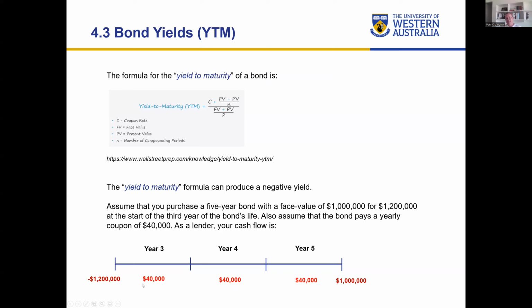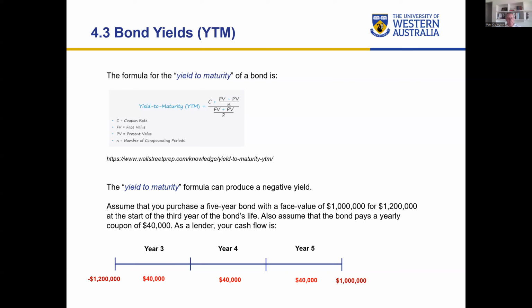So that's not a very good way of sort of considering this issue, because you're ignoring the time value of money. But as I said, a use of this formula would come out with a percentage yield, a yield to maturity in percentage terms.